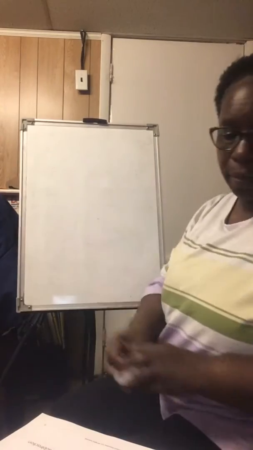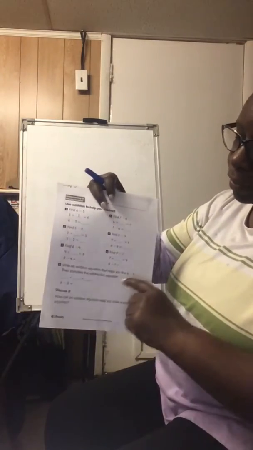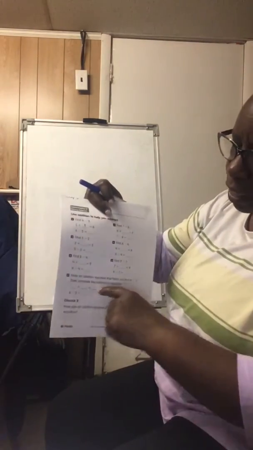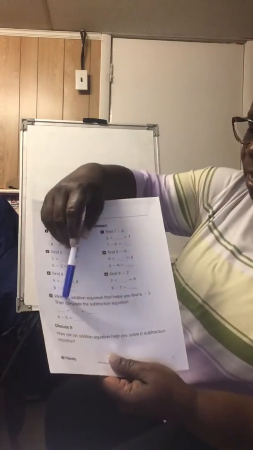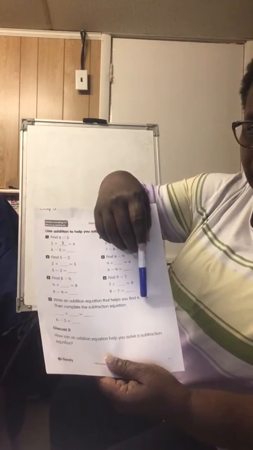Okay? Number 7, so you're going to work 4, 5, and 6. We're going to work on number 7 because with number 7, you might get a little lost and not know how to do it, because it left you with a lot of blanks right there. Number 7 says, write an addition equation that helps you find 6 minus 3.